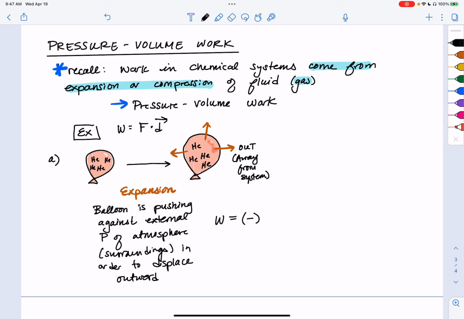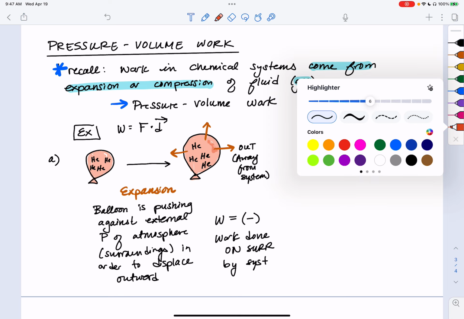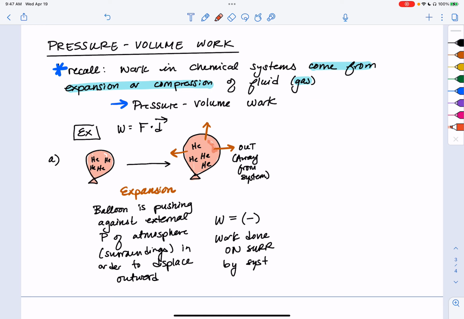That means that work is being done on the surroundings by the system, because we've got that pushing outward. We're working against that external pressure.